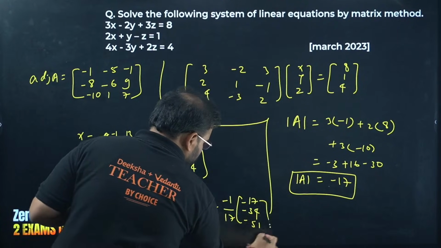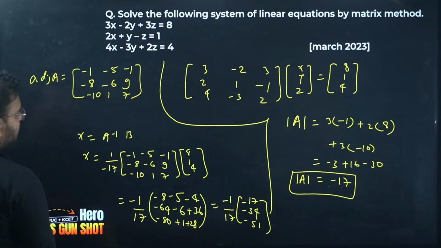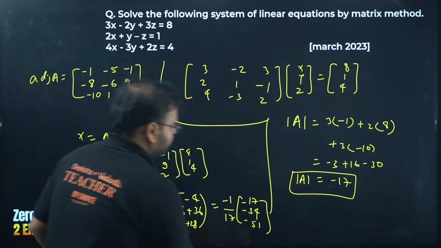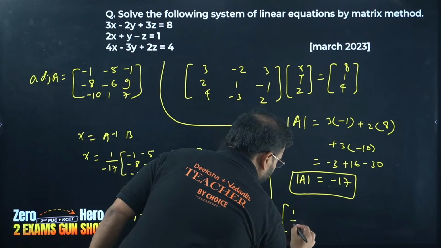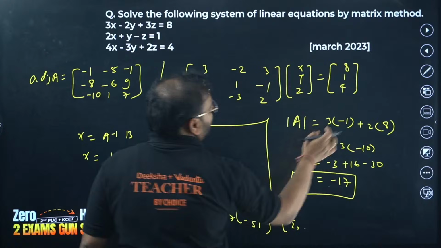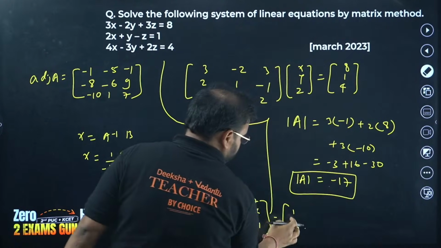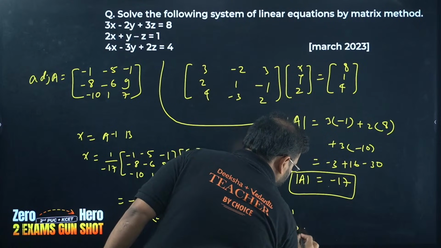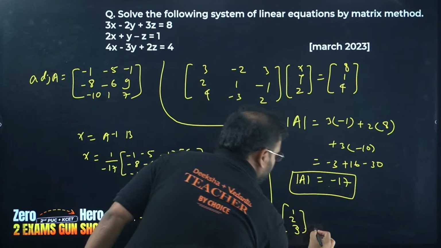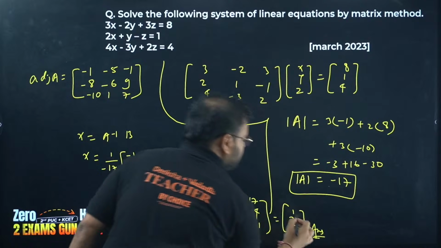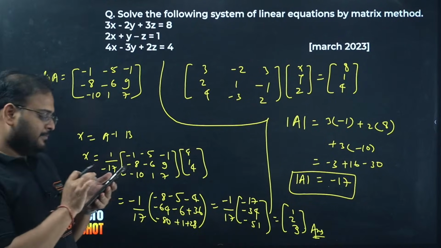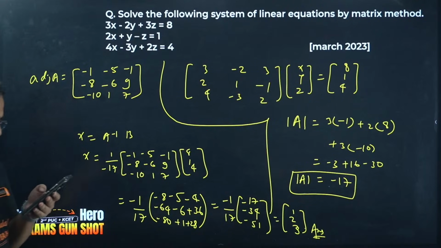So the answer of this will come as 1, 2, 3. Let me check. Yes, the answer is 1, 2, 3. So 1, 2 and 3 is the value for the given question, x, y, z. This is your answer. Please check, guys.